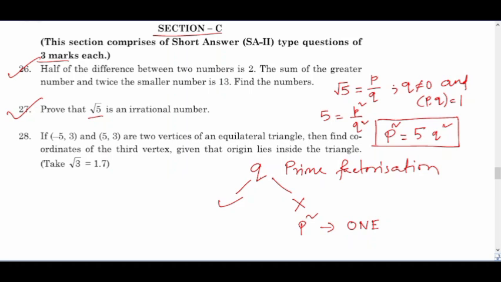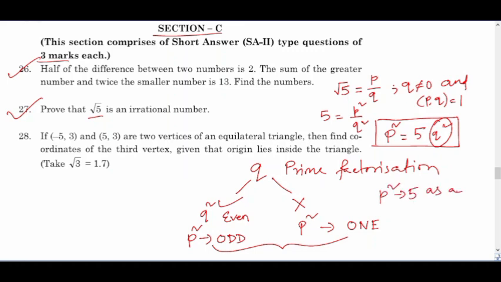And if q has 5 as its prime factor, then q square will have an even number of 5s as prime factors, right? If q square has an even number of 5s, then one more 5 is multiplied. That means p square will have an odd number of 5s as prime factors, right? Now in both the cases, p square has 5 as a prime factor an odd number of times.